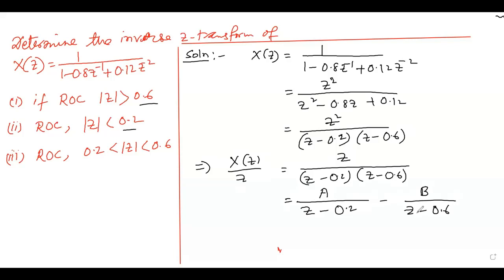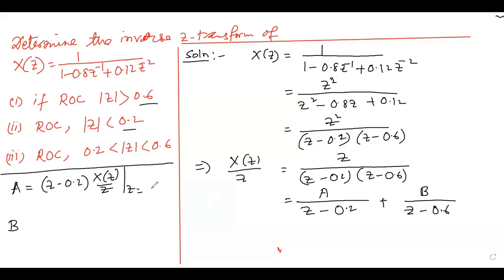So what will be the value of A and B? What will be the value of A? A is z minus 0.2 times X(z) by z, at z equal to 0.2.